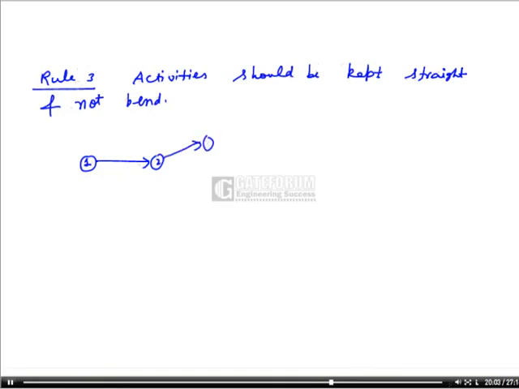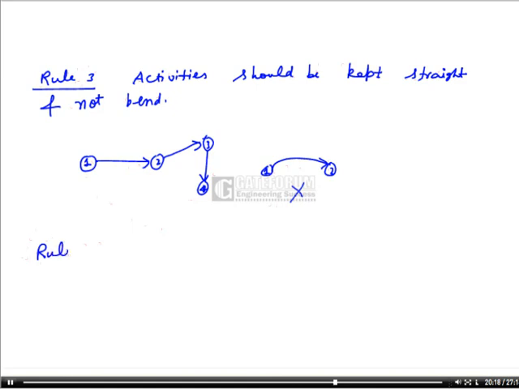So the activity should be drawn this way. It is not that we draw activity 1 to 2 with a bend. So this bending part is not allowed. All activities should be straight. So only straight activities are allowed.